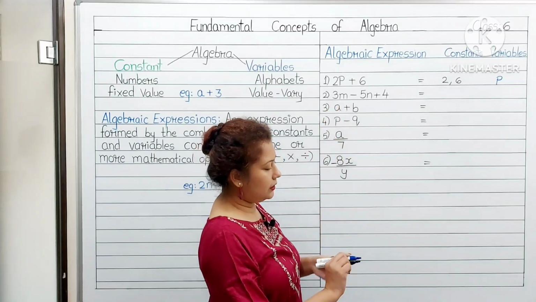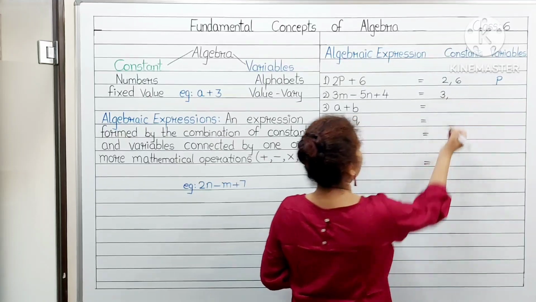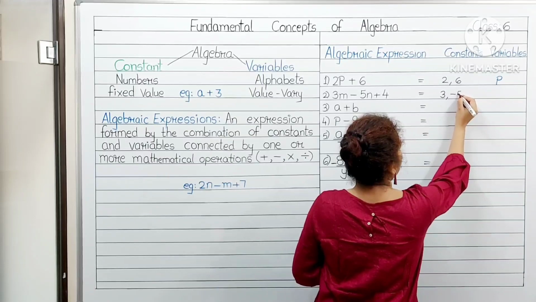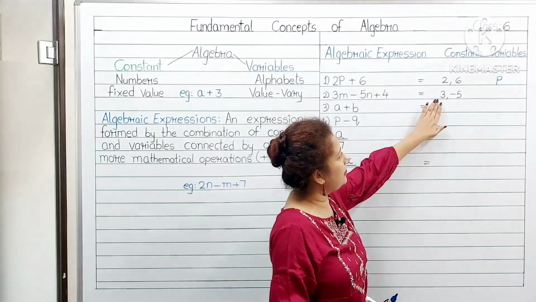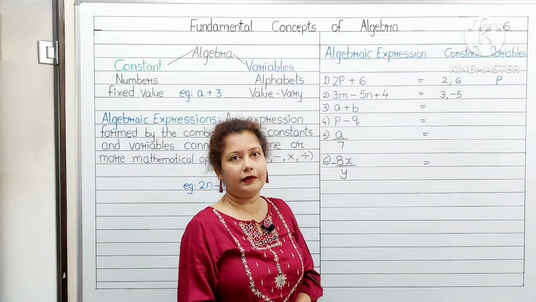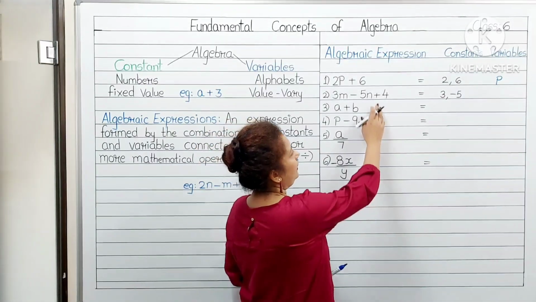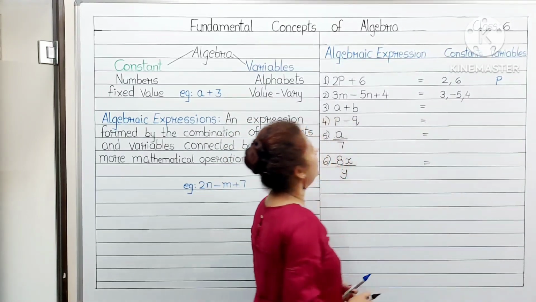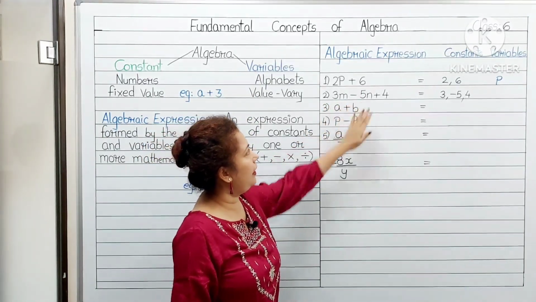So here the first constant in this algebraic expression is 3. Second constant is minus 5. A constant we always write along with the sign. Here we are not giving a sign because it is plus. When no sign is given, it is understood that plus is present, that is, it is a positive number. Next constant in this example is 4. The variables in the second algebraic expression are m and n.